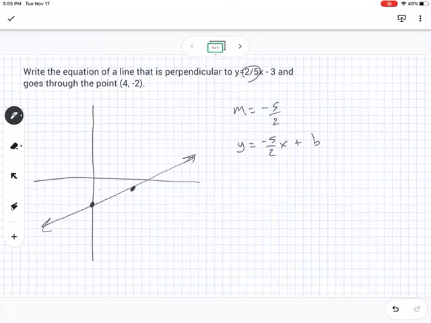So we know the point (4, -2), so we can put -2 in for y, 4 in for x, and now we're just solving for b. B equals 8, and so the equation that we're looking for is y equals -5/2 x plus 8.